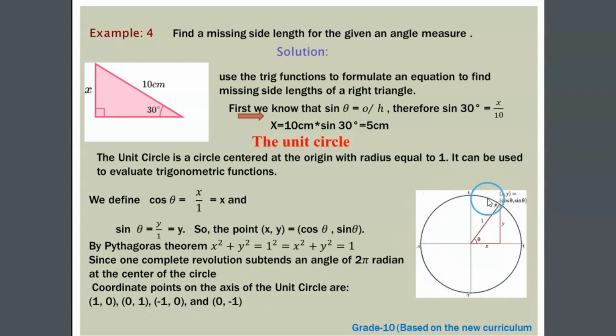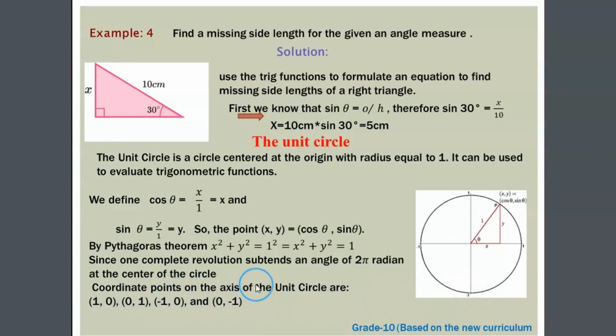The coordinate points where the unit circle meets the axes: here x is 1, y is 0, so (1, 0). This is the y axis, here y is 1 and x is 0, so (0, 1). This coordinate point is x negative 1, y 0, so (-1, 0). At this point on the y axis, y is negative 1 and x is 0, therefore (0, -1).